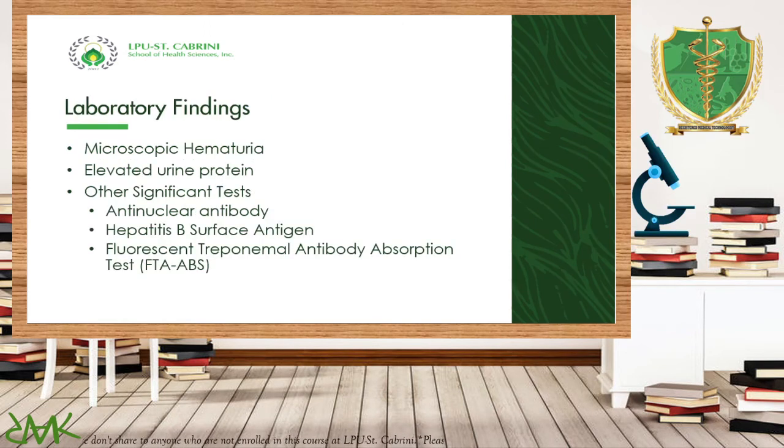Now, how about the laboratory findings? Laboratory findings of membranous glomerulonephritis include microscopic hematuria, elevated urine protein, and another significant test is the antinuclear antibody. Why antinuclear antibody? Because of the immune complexes associated with other diseases.